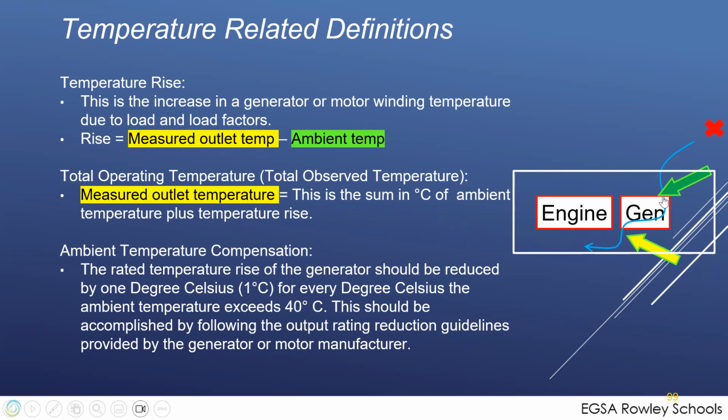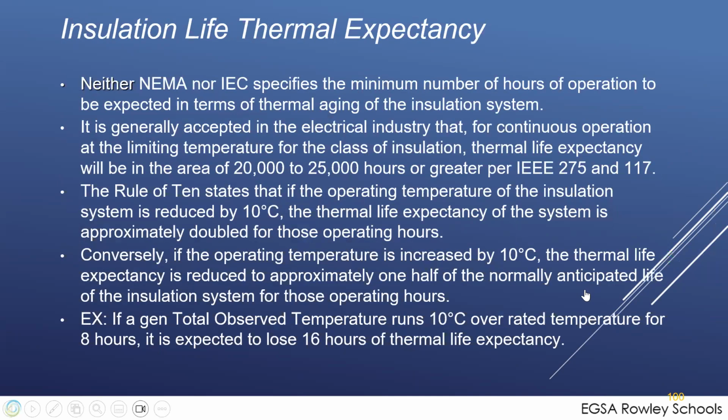Or in some cases, you can control the ambient temperature. Maybe you have radiator coolers, maybe you have fans, blowers, whatever you might have to cool the inlet air. But at any point, you want to maintain that outlet air to not exceed the outlet temperature. If you do, you run into problems with temperature ratings and decreasing the life of the machine.